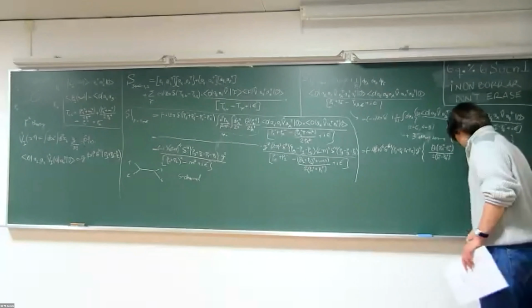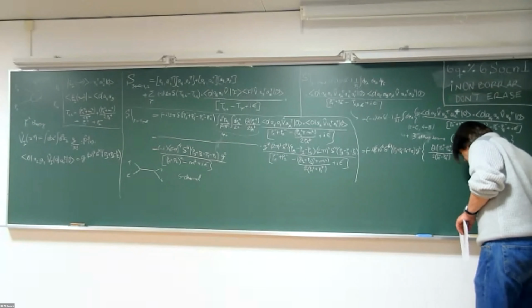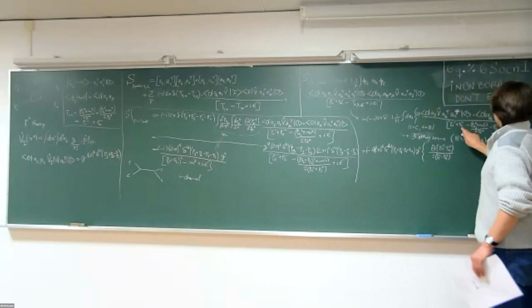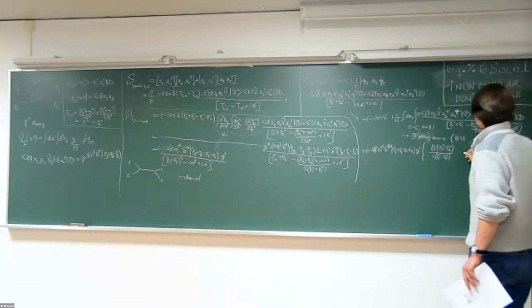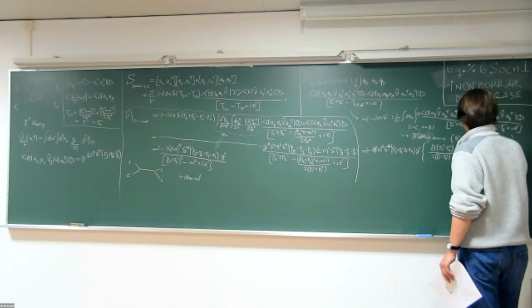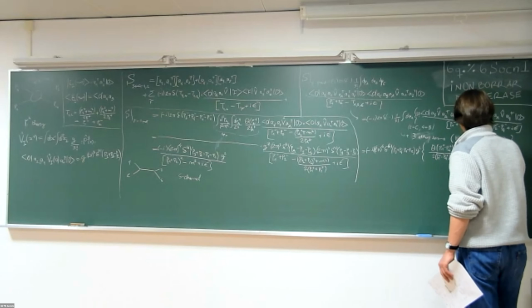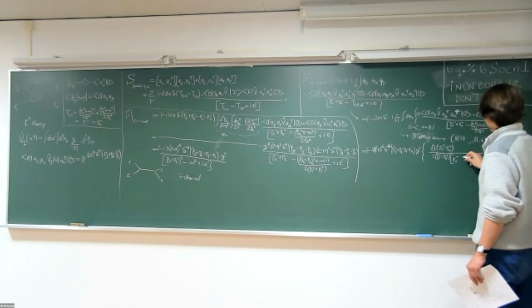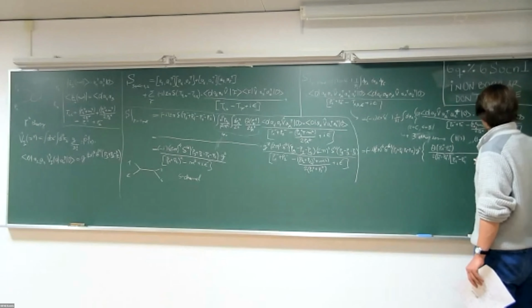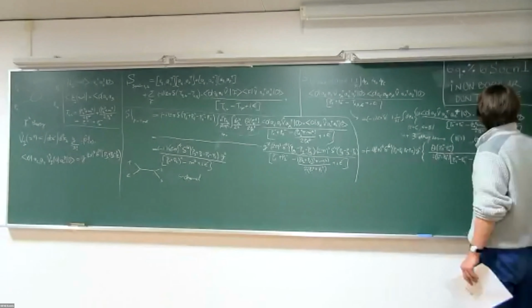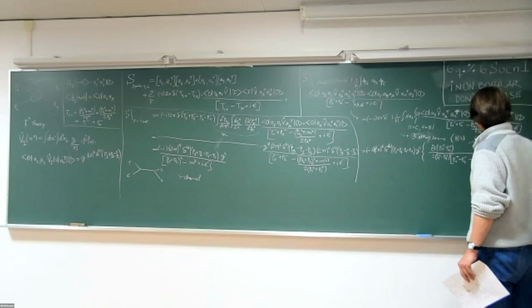But here you see that the P2 minus is cancelling here. So what is left here is P1 minus, minus P4 minus. And then the a I was telling, a was 1 minus 4. So it's 1.